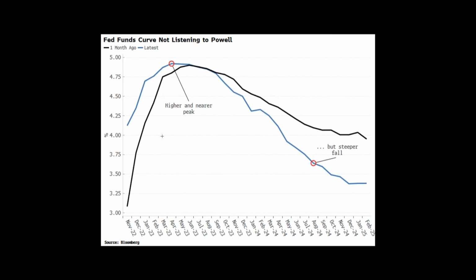It means they're expecting interest rates to rise to 5% around the spring of 2023, but then to fall to about 3.50% in the summer of 2024. So they're expecting sharper hikes and then a typical recession, with rates being cut.